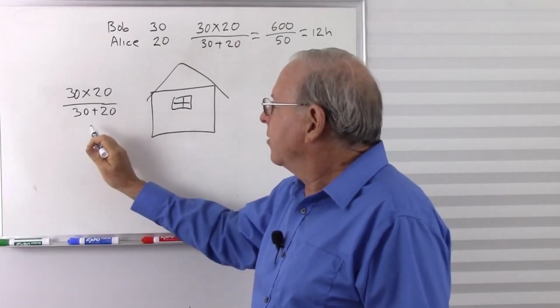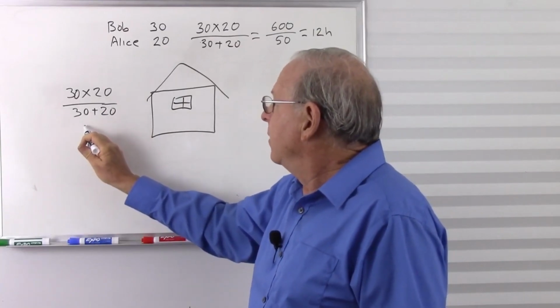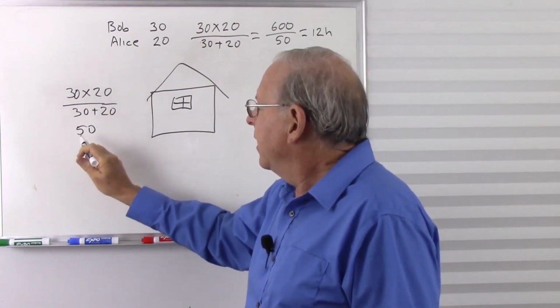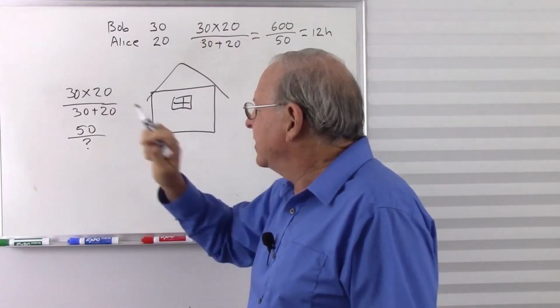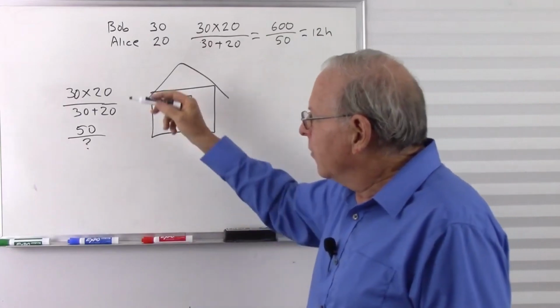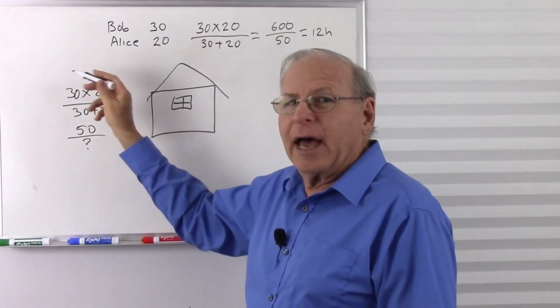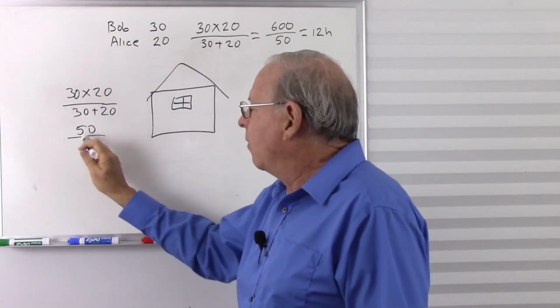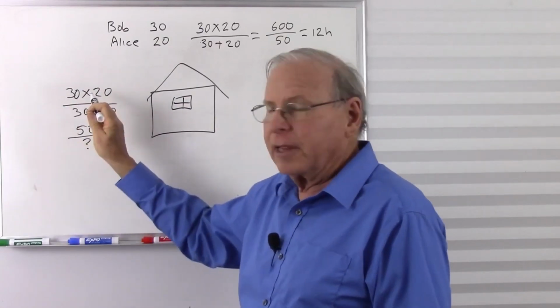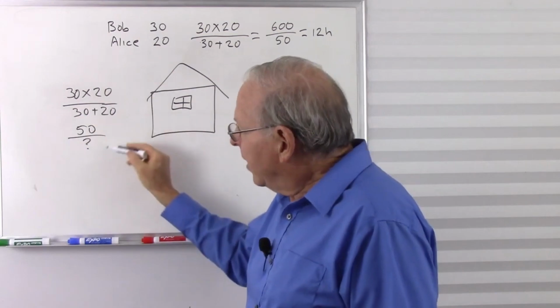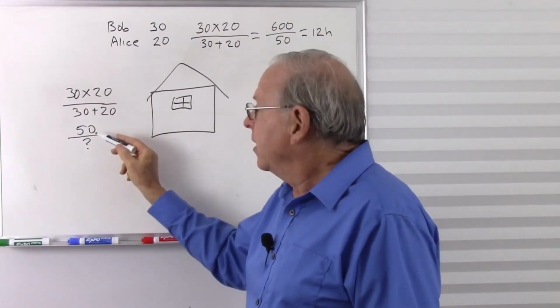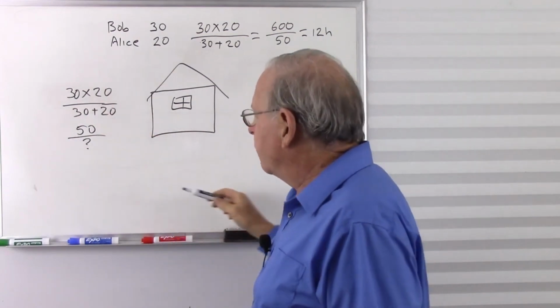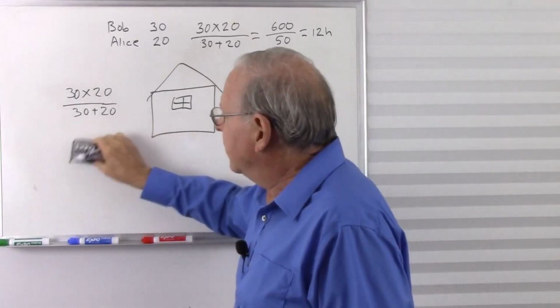So we take 30 plus 20, which is 50, and we're going to divide that by something, but that's not how the formula is working. I suppose I could talk to a mathematician and do some mathemagic and find out how this formula becomes that formula, but we can't work this one out easily. It does turn out that if we do the product over sum, we do get the answer.